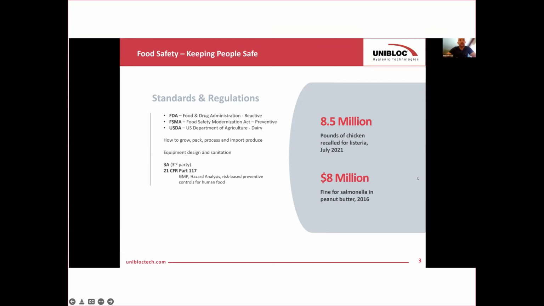There was a case not too long ago of a huge recall of 8.5 million pounds of chicken. That's a big cost to a producer. And it could be even worse, in that you can be legally fined, as in a 2016 scenario at a peanut butter plant: $8 million in criminal fines plus 3.2 million of valuable assets lost. So we want to help you avoid these scenarios becoming yours.